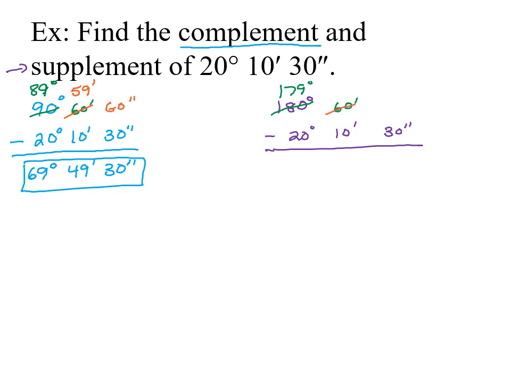The 60 would be turned into 59, so that I can borrow 60 seconds on the other one. 179 minus 20 is 159. 59 minus 10 is 49. And 60 minus 30 is 30. So notice the minutes and the seconds actually came out to be exactly the same. Only the number in front is different when you do a complement and supplement.